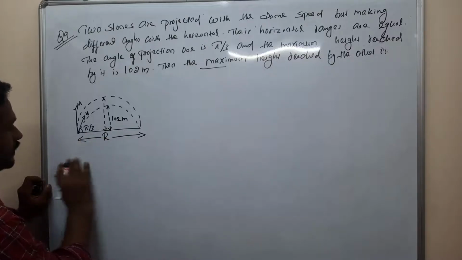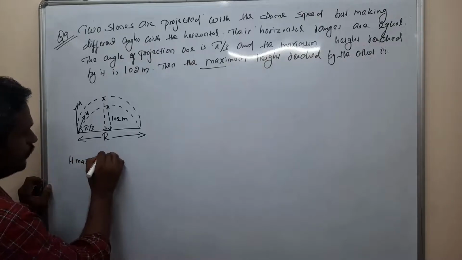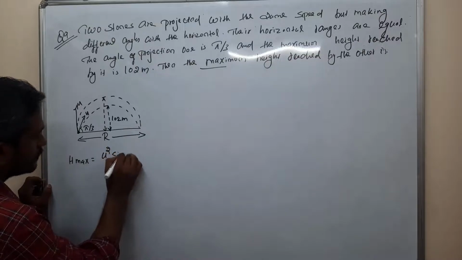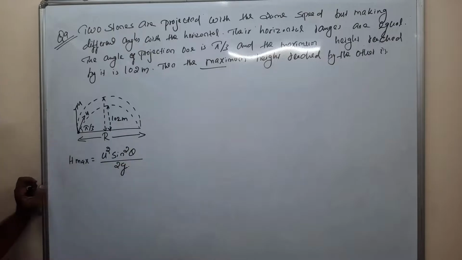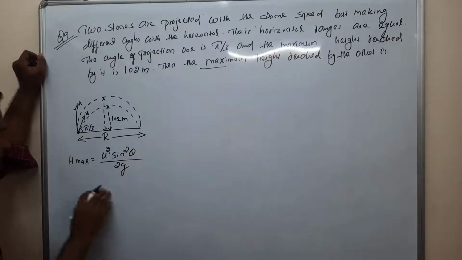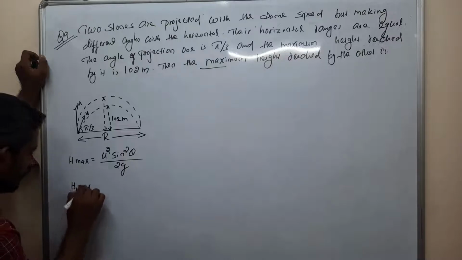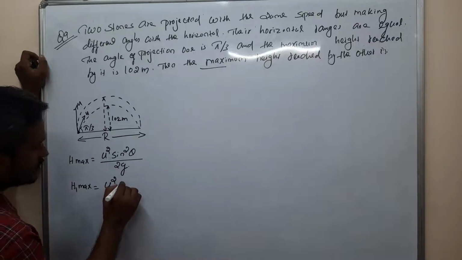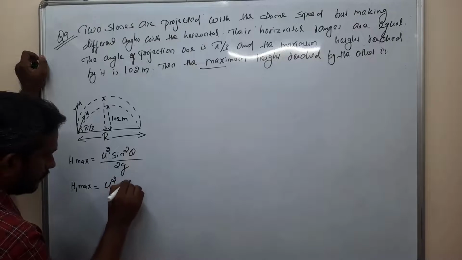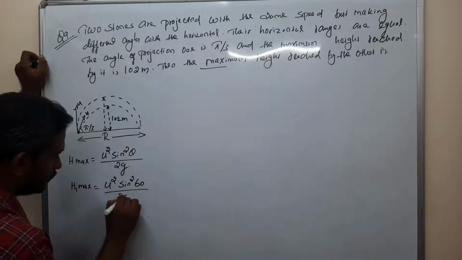What is the formula for maximum height? H max equals u² sin² θ divided by 2g. So we can write h1 max is equal to u² sin² 60 divided by 2g.